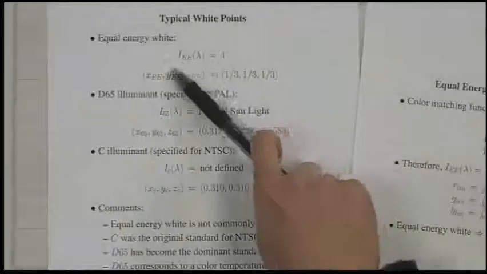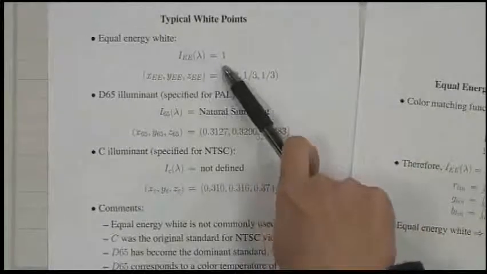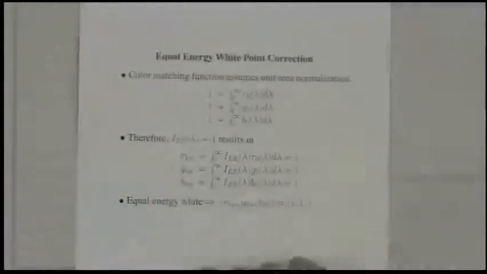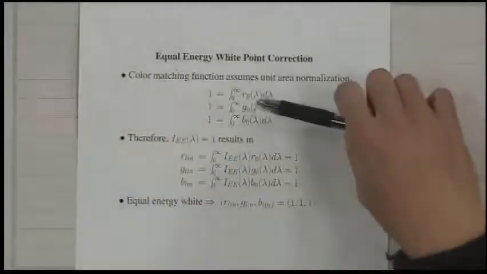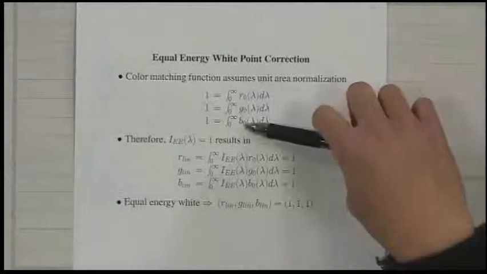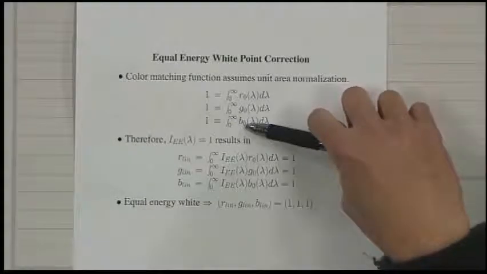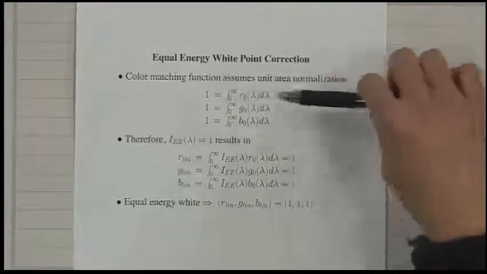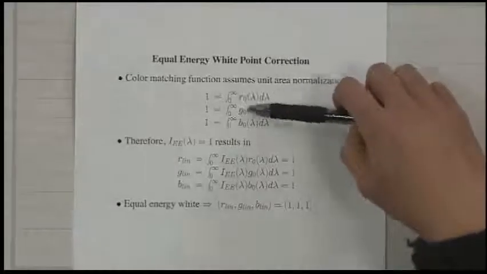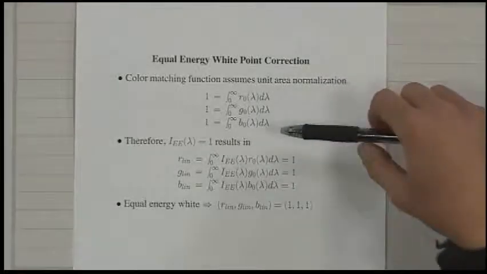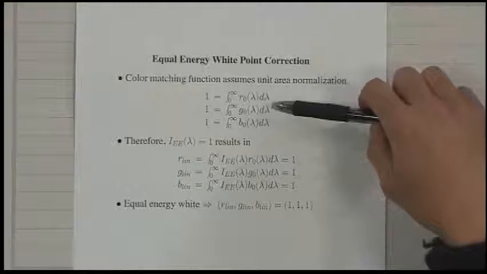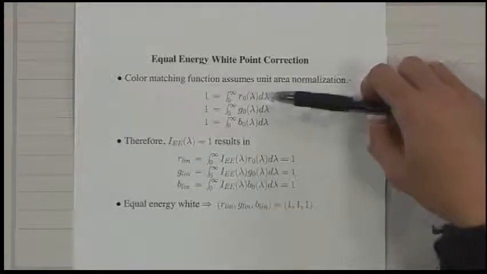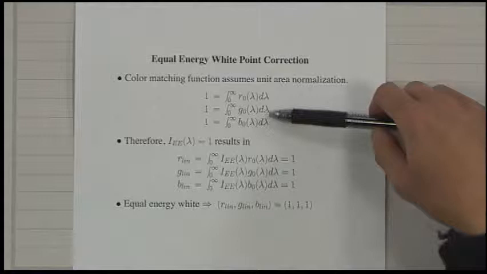We previously mentioned that the equal-energy white basically has a spectrum equal to 1 uniformly. Given that, I believe the RGB here will probably be the CIE 1931 standard, maybe. Let's think of RGB as the color matching function of some kind of standard, whatever they are. But usually we will normalize the area of the color matching function to equal 1.